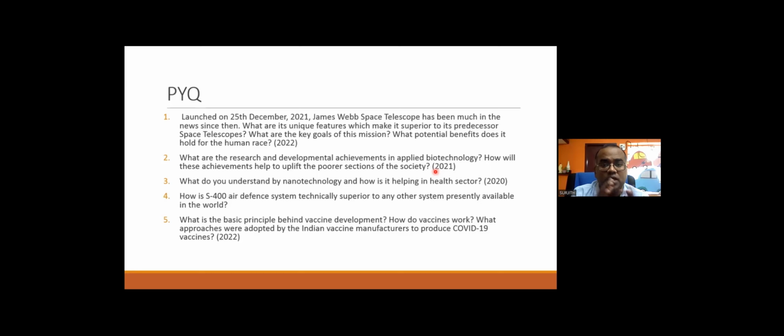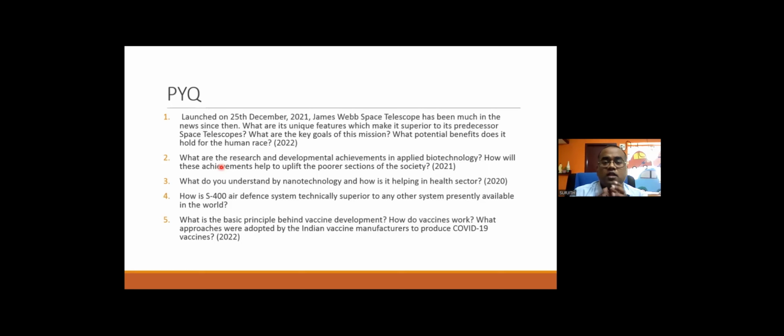Understood? These 5 headings I have touched upon. Now, while approaching this second question, what does the first line say? The research and developmental achievements in applied biotechnology are nothing but the applications of biotechnology.